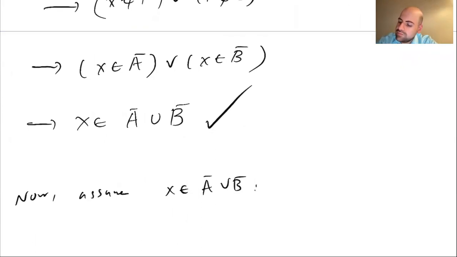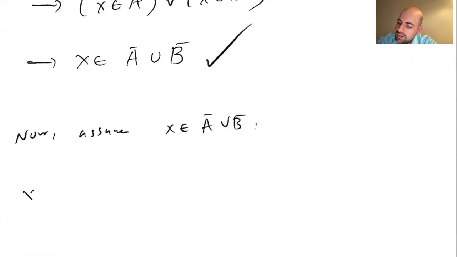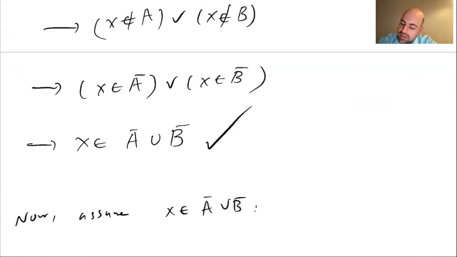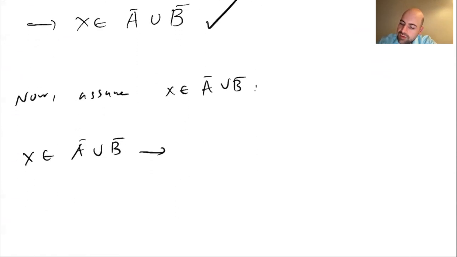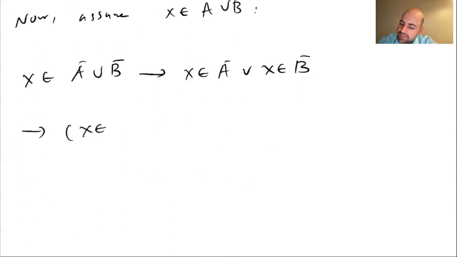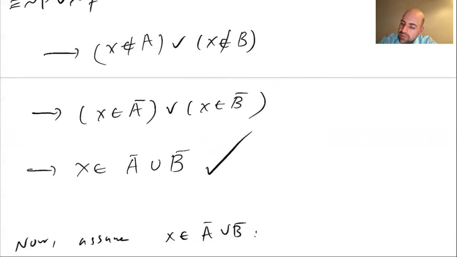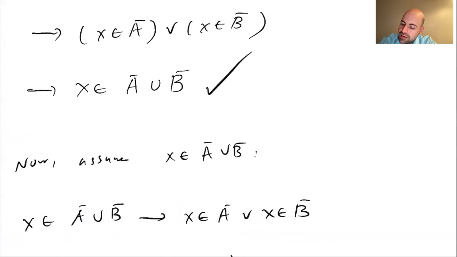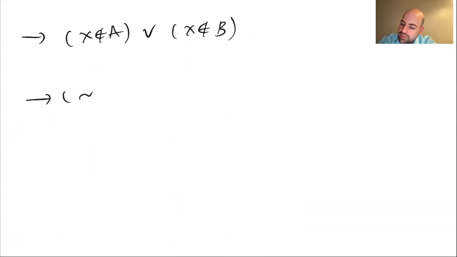So I can say, X belongs to A complement union B complement. Then I can reverse the first step. So that means X belongs to A complement or X belongs to B complement. And then this means X does not belong to A or X does not belong to B. And then that means the negation of "X belongs to A" or the negation of "X belongs to B" is true.